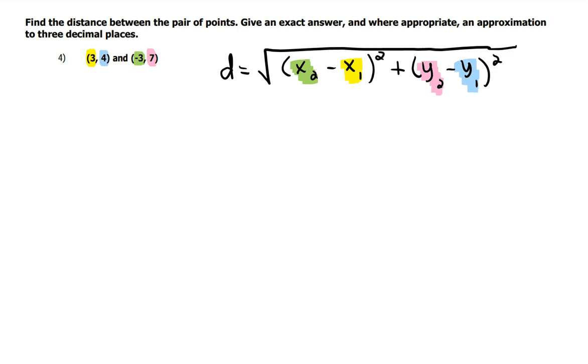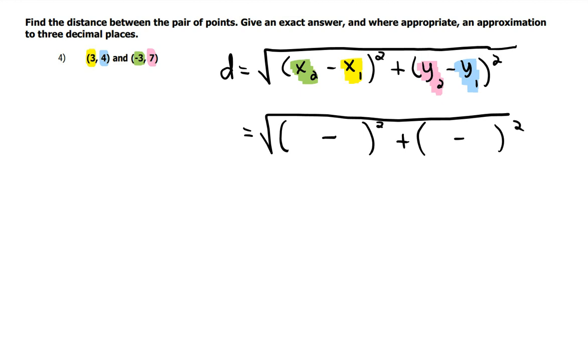So what I need to do now is, in this formula, take out all those variables and plug in all those numbers from the given ordered pairs.